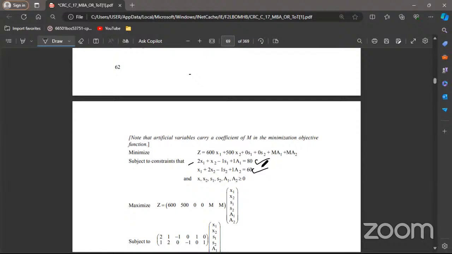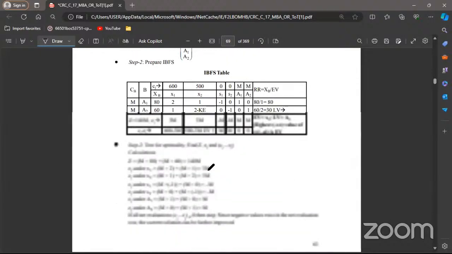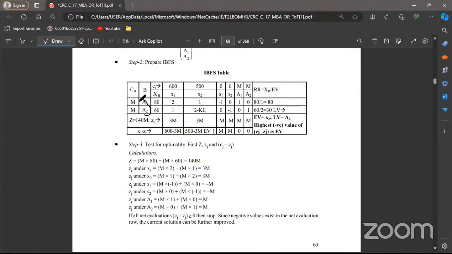If you remember the last problem, in the first table we had slack variables. But here the surplus variable is deducted, so what is added? The artificial variable. So A1 will enter the first table. Can you see here? A1, A2. Is it clear?